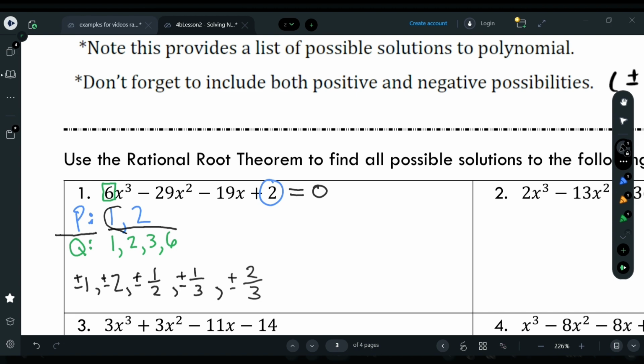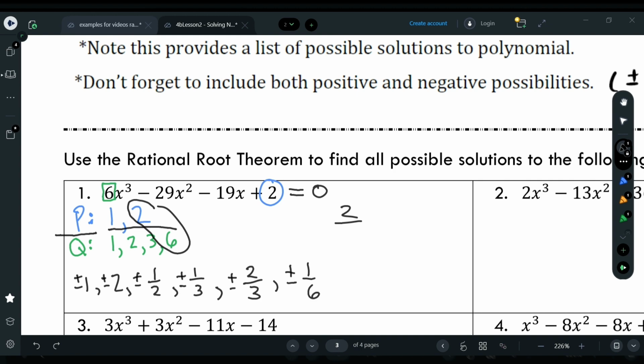So we get this combination, 1 over 6. And then this combination here, 2 over 6. Now let's see here, 2 over 6 can simplify to 1 over 3, which look, we already have on the list. So this gives us another duplicate. So we're not going to write that down.